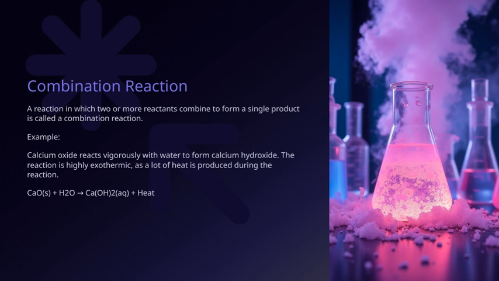Understanding these reactions helps us see how substances interact energetically, which is crucial in practical applications like construction, where lime is used in mortar and plaster. So, recognizing the energetic nature of such reactions also highlights the importance of safety when handling reactive substances like calcium oxide.